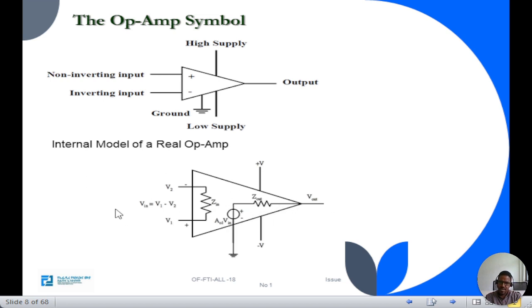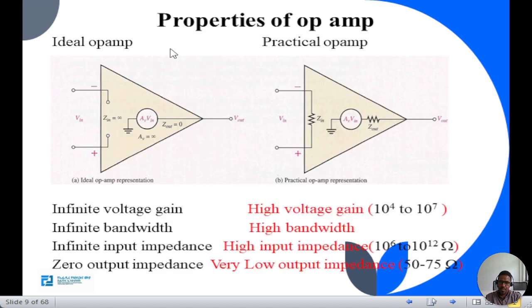So let's see ideal versus practical op-amp. Properties of an ideal op-amp: infinite voltage gain, infinite bandwidth, infinite input impedance, zero output impedance. So perfect input without any loss and perfect output without any loss.